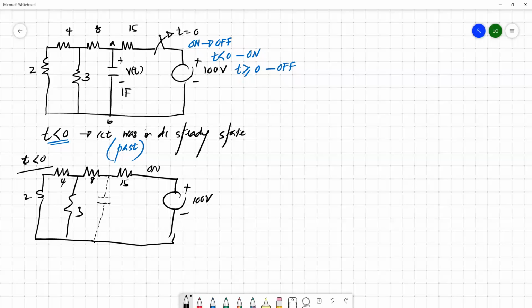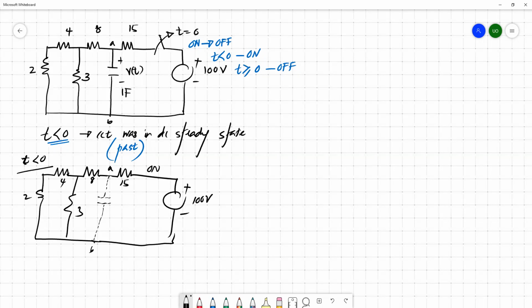But we know that this capacitor is connected across A and B, and the voltage across the capacitor is a fixed constant DC value. So now we can find the exact voltage across AB and assume that's the actual voltage across the capacitor when this switching happens.